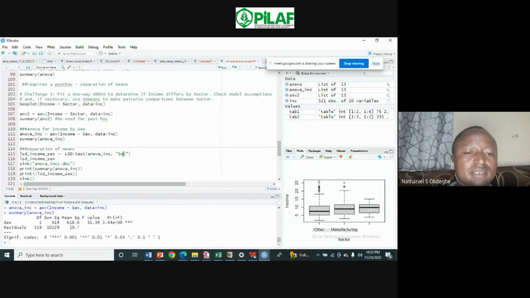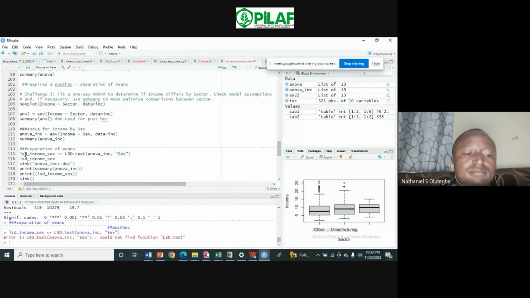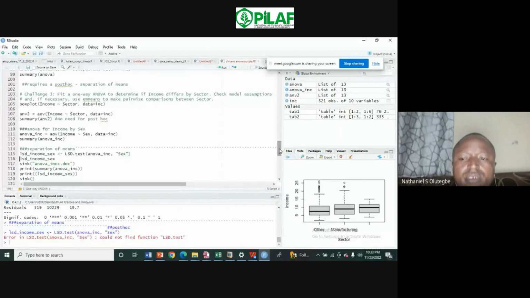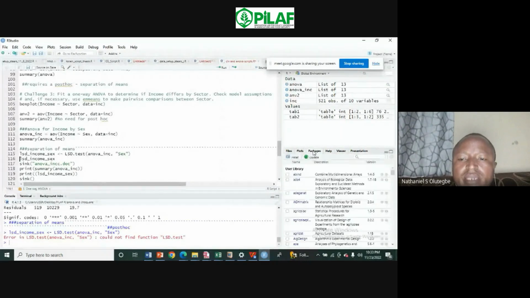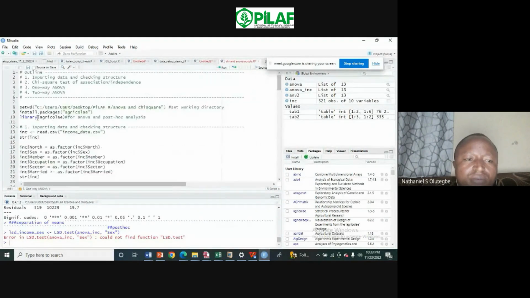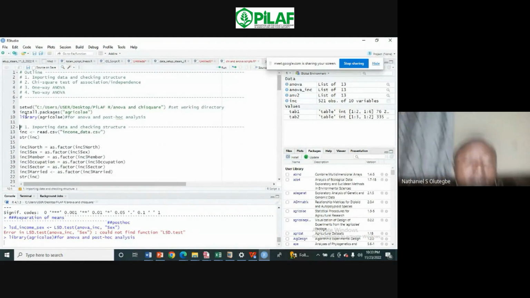That's what we are saying here. Maybe I did not library my agricolae. Yes, there's a need for me to library it here. That's why it did not run.